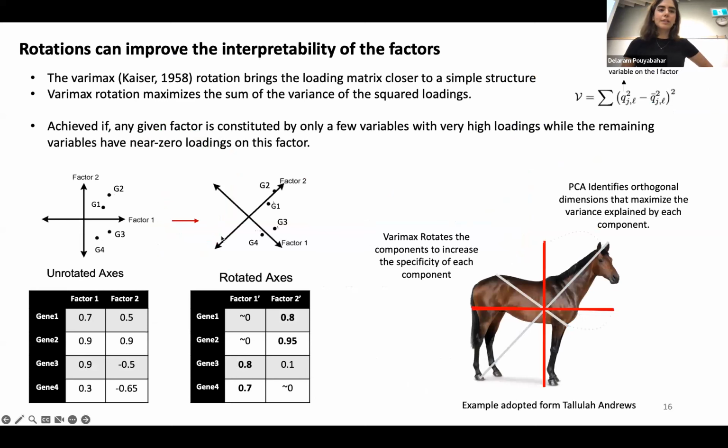For example, as I was saying here, what does more interpretable mean? Statisticians have sat down and defined some metrics, for example, for saying that if I'm getting a loading matrix similar to this that has a lot of zeros and a few features or genes with high scores, I'm going to consider that as more interpretable.